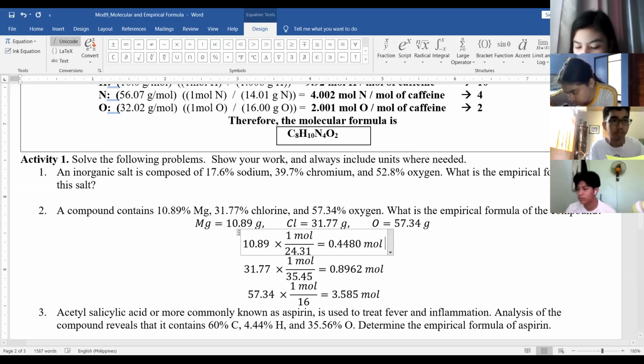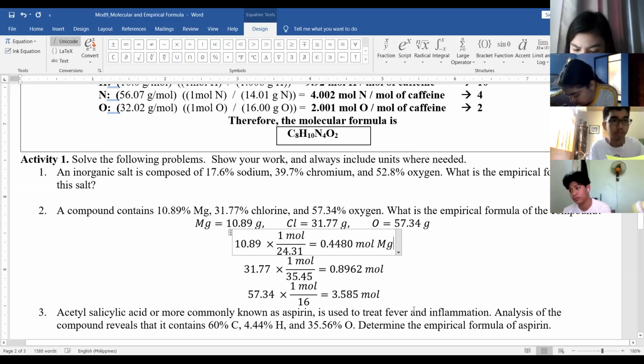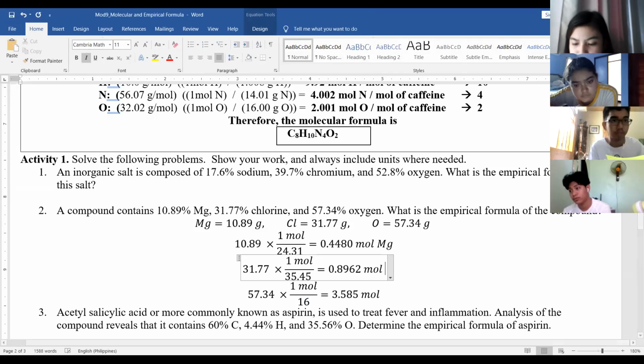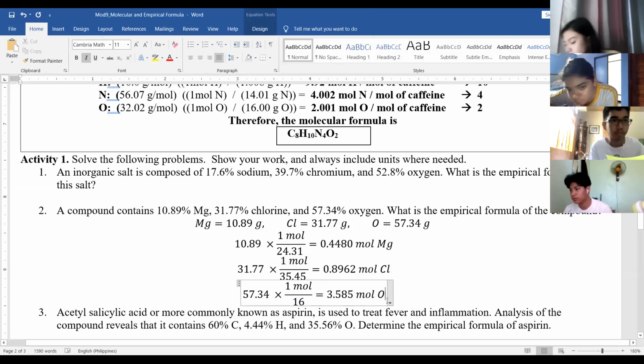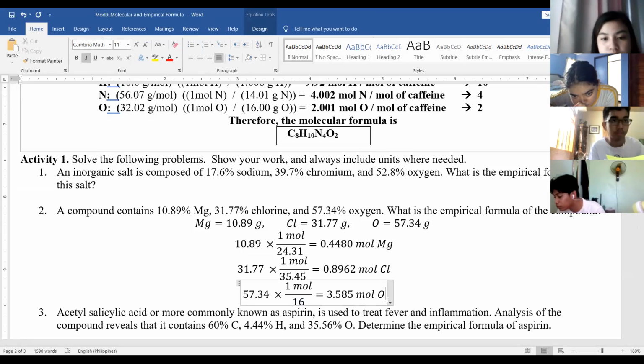So this is 0.4480 mole of magnesium. This one is the moles of chlorine. And here, the moles of oxygen. All right.